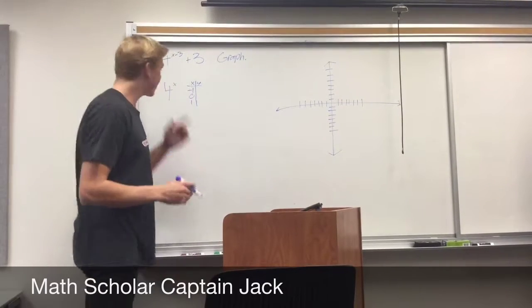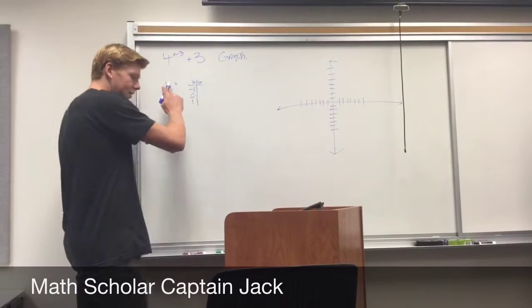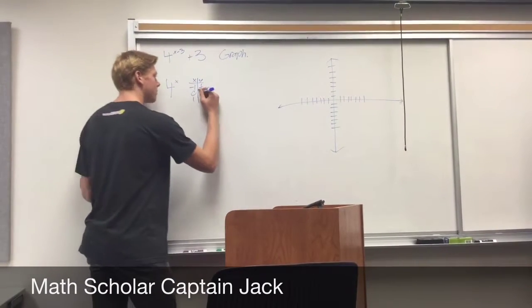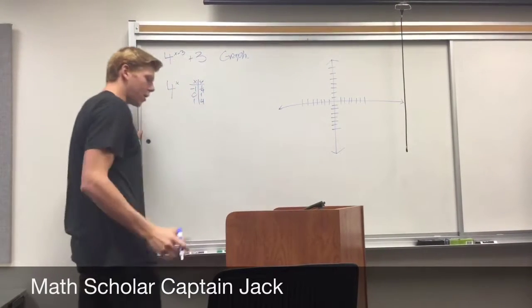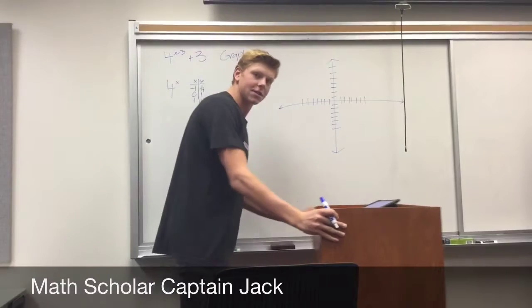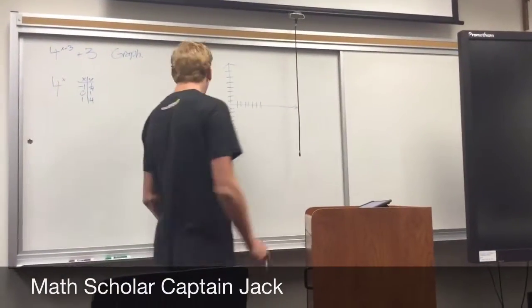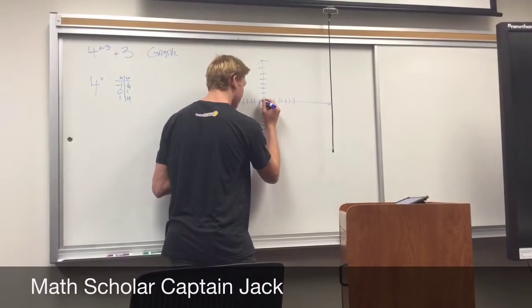Alright, we're going to go with -1, 0, and 1 for our points. When we plug that in, we get 1/4 for -1, 1 for 0, and 4 for 1. Alright, migrate over here to my lovely graph. So -1, 1/4, right here.